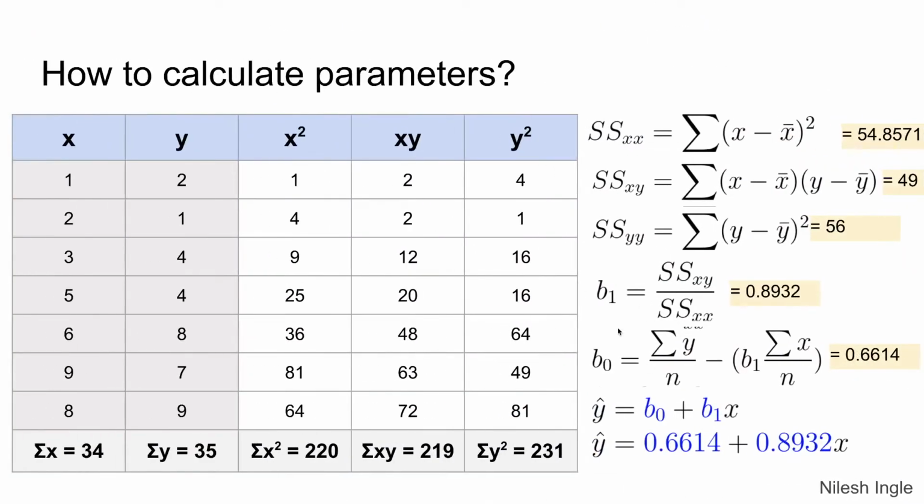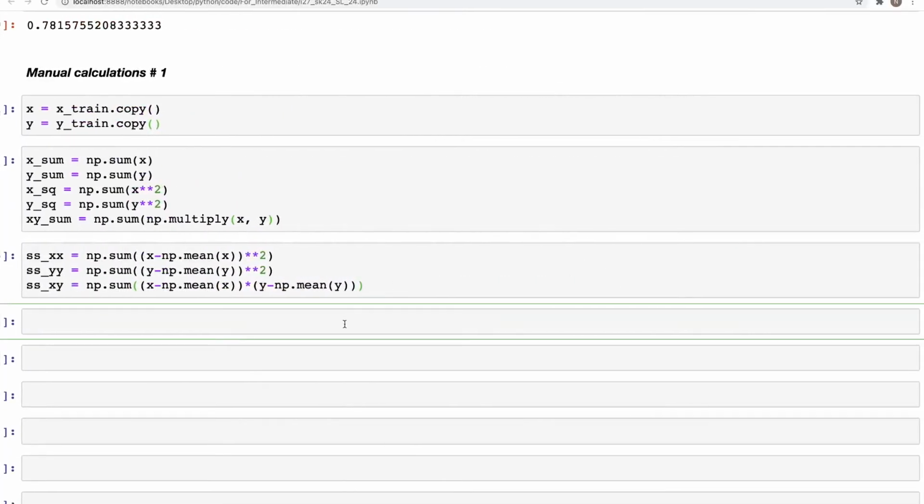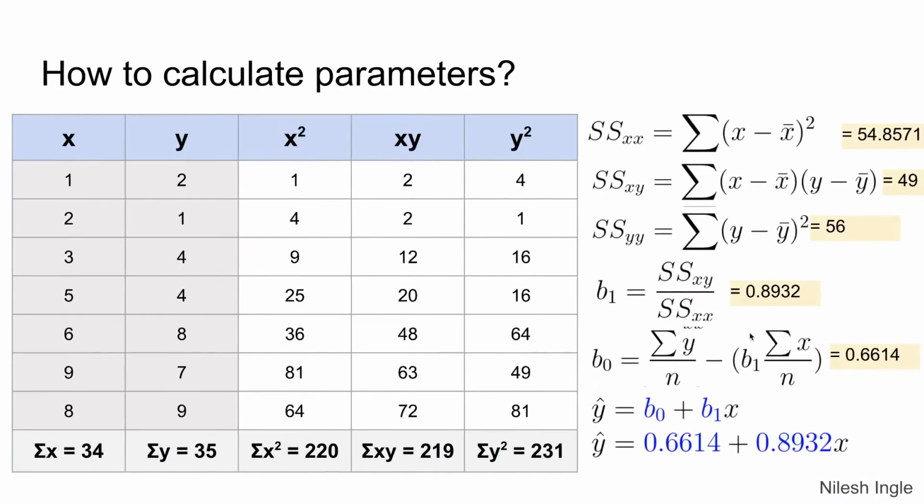Now we need to calculate b1, which is the sum of squares of xy divided by the sum of squares of x. So b1 is equal to ss_xy divided by ss_xx, and then we have b0, which is the sum of y divided by n.